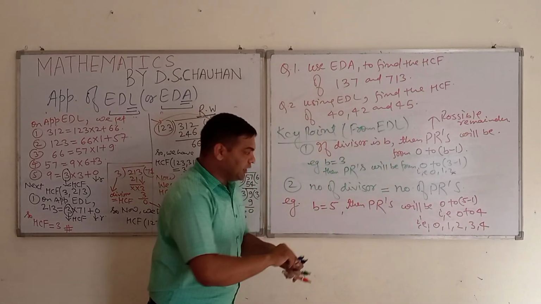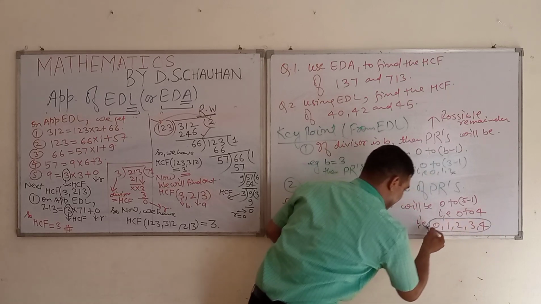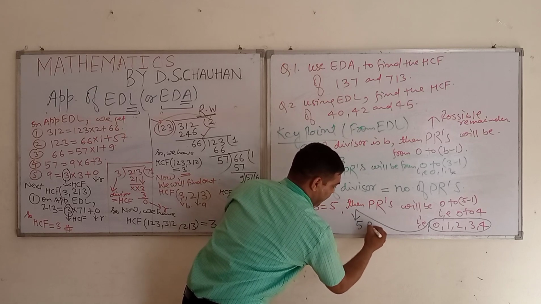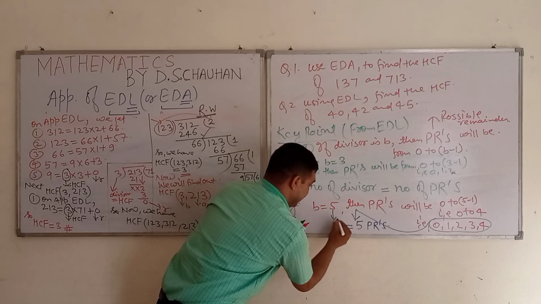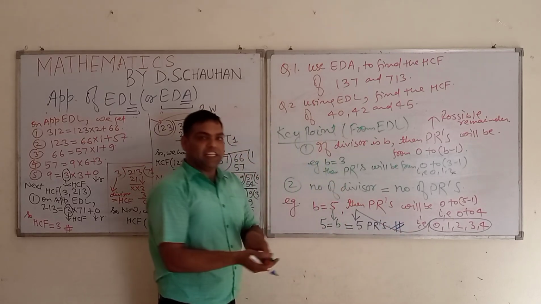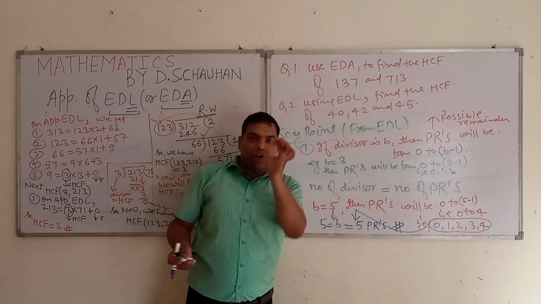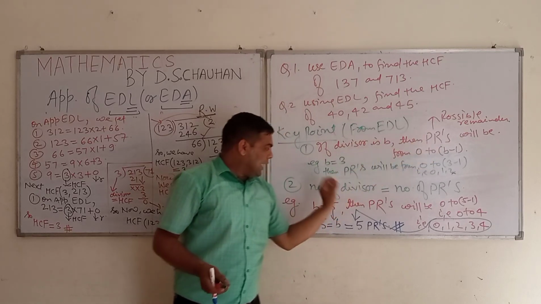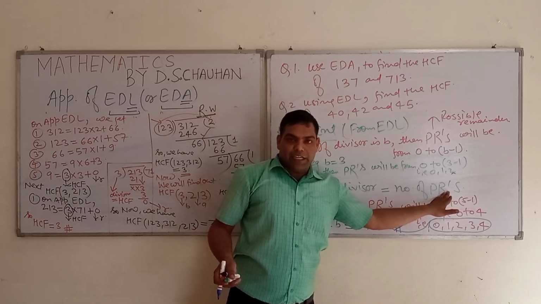If we count these possible remainders, we will get 5 in number, 5 possible remainders, which is just equal to the divisor. In this way, students, these are two very important points. If the divisor is B, then the possible remainders will be from 0 to B minus 1, and the number of divisors equals the number of possible remainders.